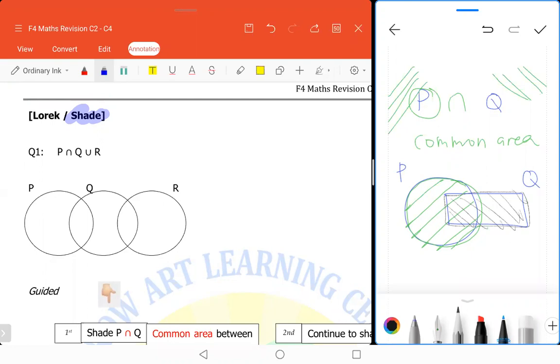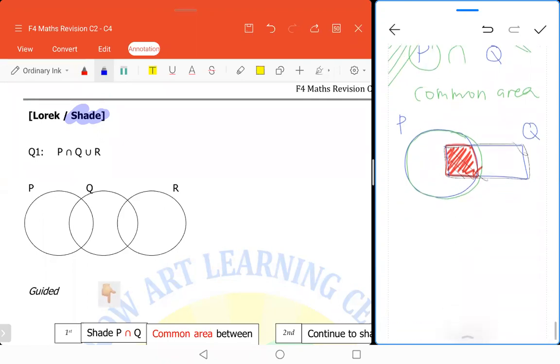So the area you see got 2 lines is the answer you want. So where is it? The middle here. So you shade here properly and erase the other part, because the common area is only in the middle. The others do not need it. Just erase it. Okay, so this is the tip of shading intersect. 2 different lines, we take the common one.